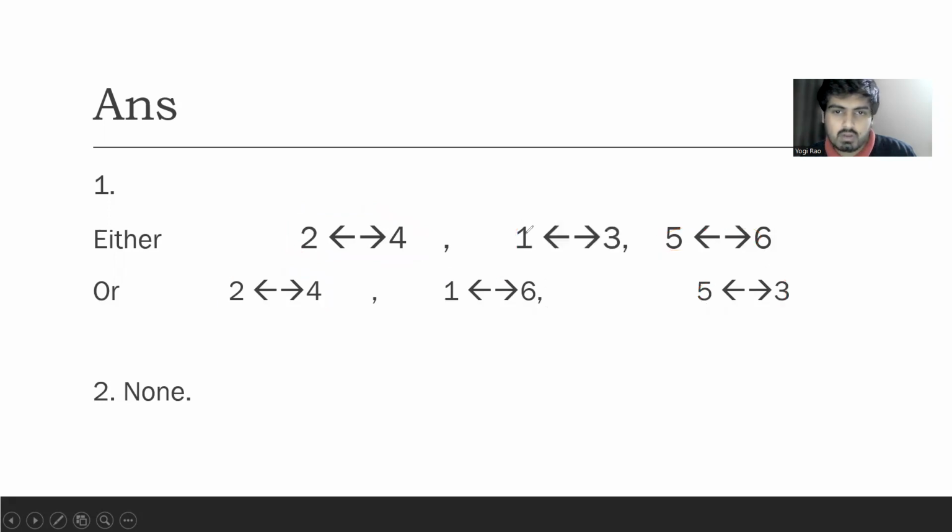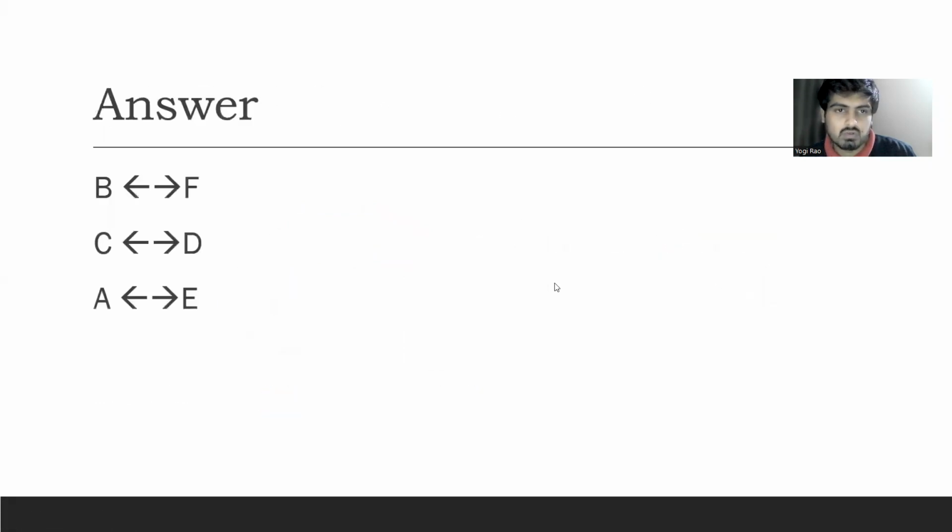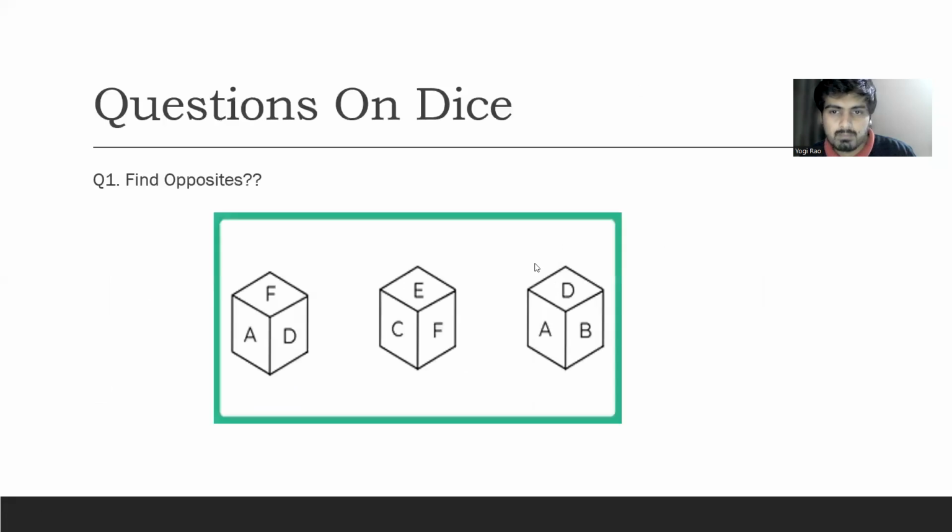If we look at the first question that we solved here, when two faces of the dice are the same, the third face will automatically be opposite. So F will be opposite of B, and A and D will remain the same.